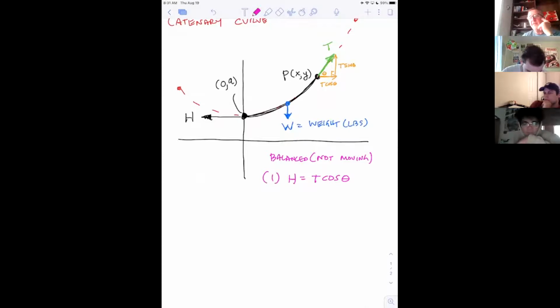Well, then T cosine of theta is the portion of T that's pulling right. Those would have to match each other. Again, think tug of war. If one side of the group pulls harder than the other side, then the rope moves, right? If they pull equal, nobody moves. They're both pulling, and if this thing isn't going to move, then those have to be equal. And wouldn't it also then be the case that W pulling down would have to equal T sine of theta pulling up?